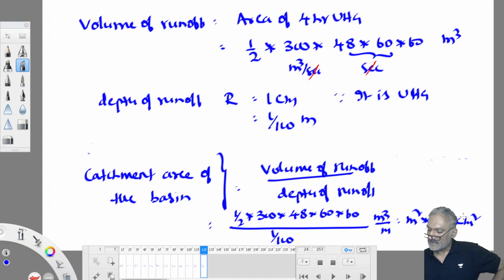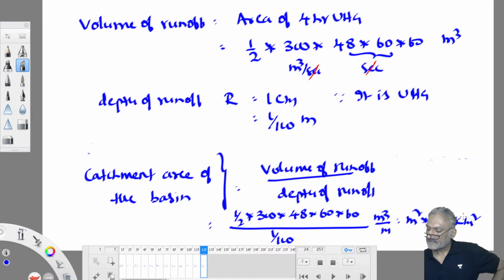So 0.5 into 300 into 48 into 60 into 60 into 100 by 10 power 6. How much is it?